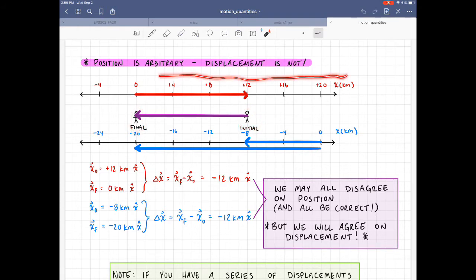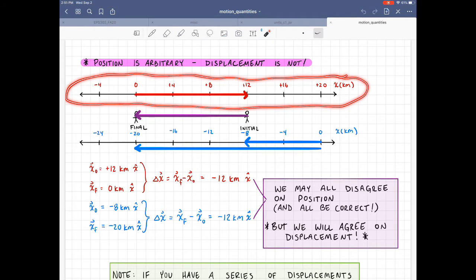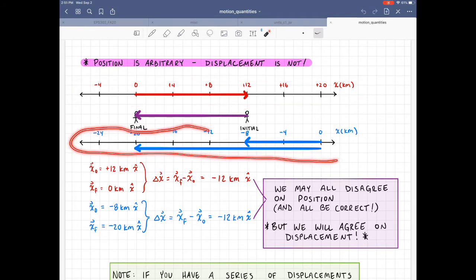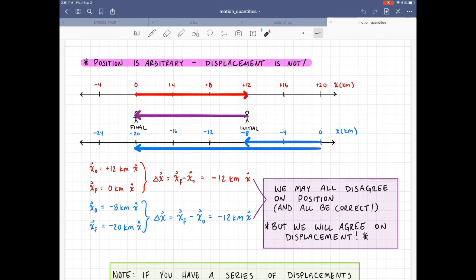And what I've got up here and down here, in the red and the blue, are two different coordinate systems. In the red coordinate system, the initial position is plus 12 kilometers. And so you can see down here, my initial x position is plus 12 kilometers.